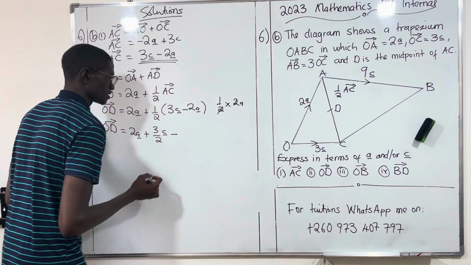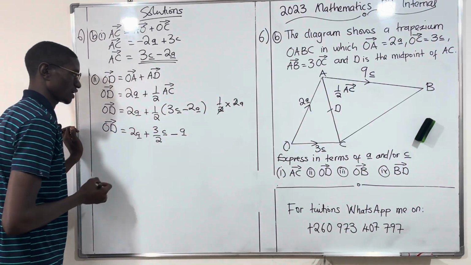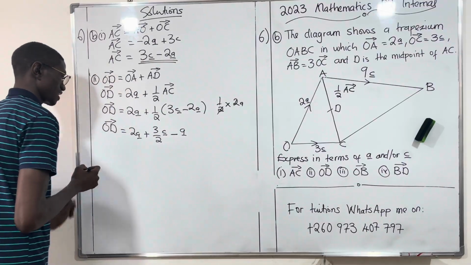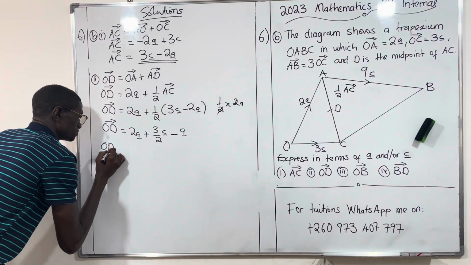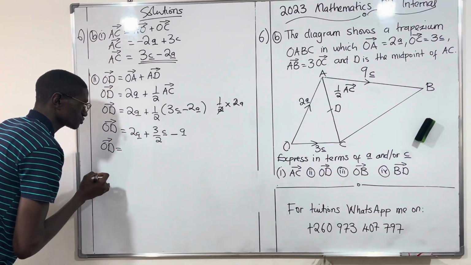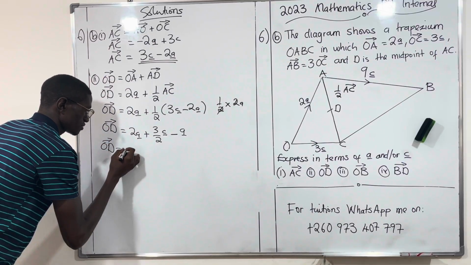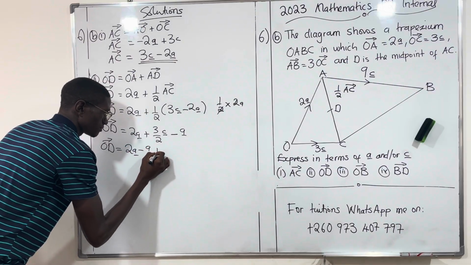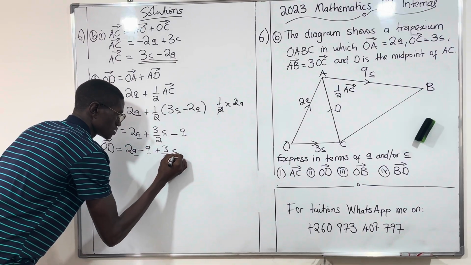You just remain with the vector A there. So that's what's going to happen when you expand these values there. Then OD, you're going to say 2A minus vector A plus 3 over 2 vector C.